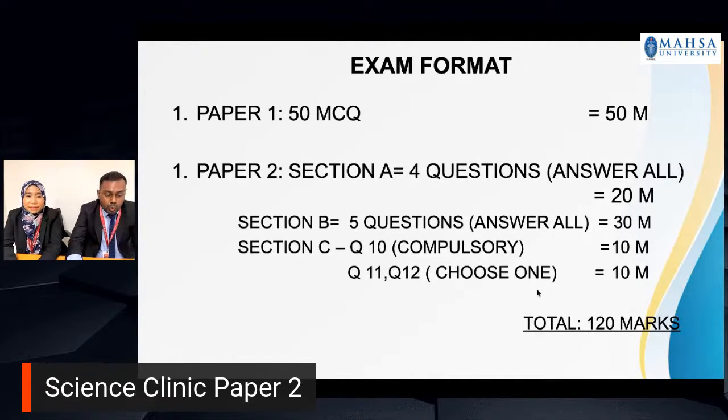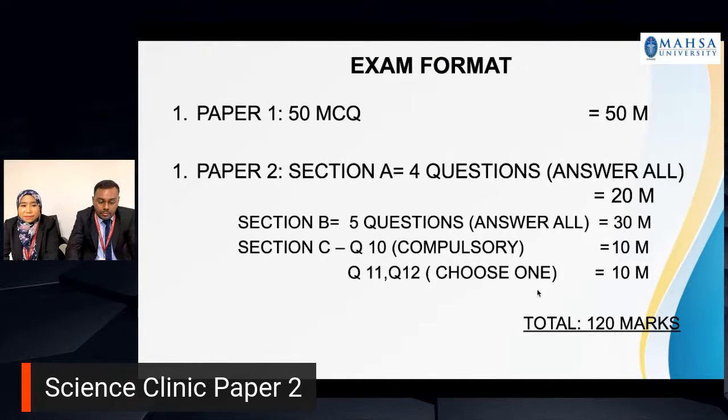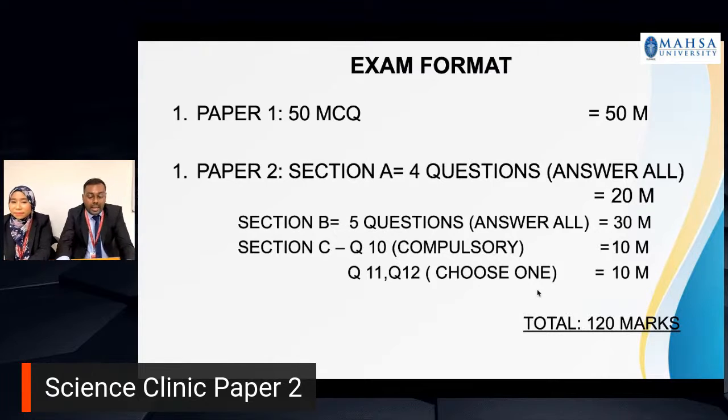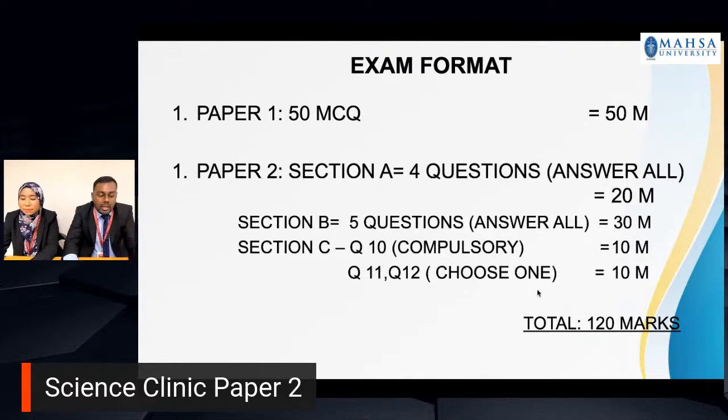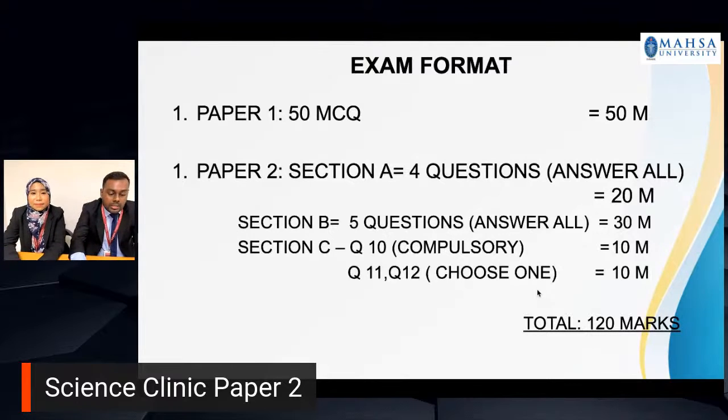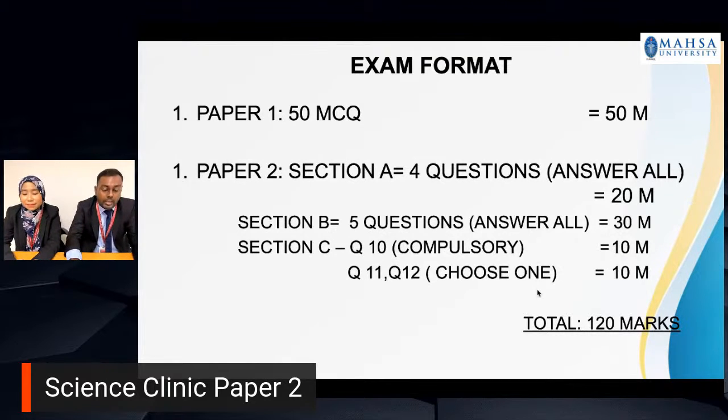Paper 2 consists of section A and section B. Section A consists of 4 questions, and you have to answer all of them. Each question carries 5 marks, so 4 questions carry 20 marks. Section B consists of 5 questions, where each question carries 6 marks, and you have to answer them all as well. So the total marks is 30 marks.